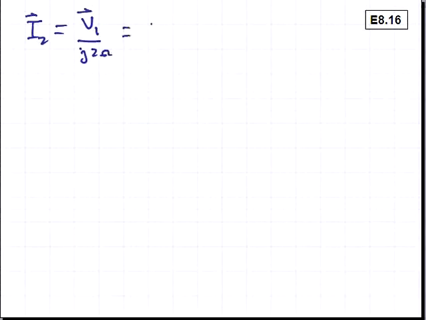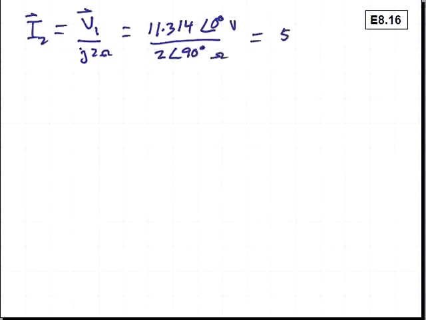This will be 11.314 at an angle of 0 degrees volts divided by 2 at an angle of 90 degrees ohms. And this equals 5.657 at an angle of minus 90 degrees amperes. So that's the current I2.